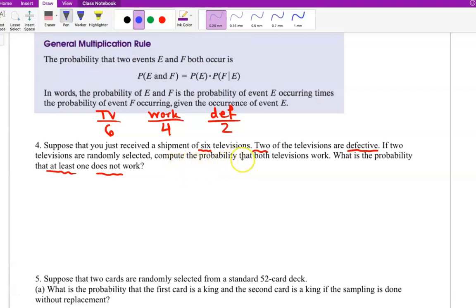So compute the probability that both televisions work. First, work on this part. The probability that the first one works and the second one also works.